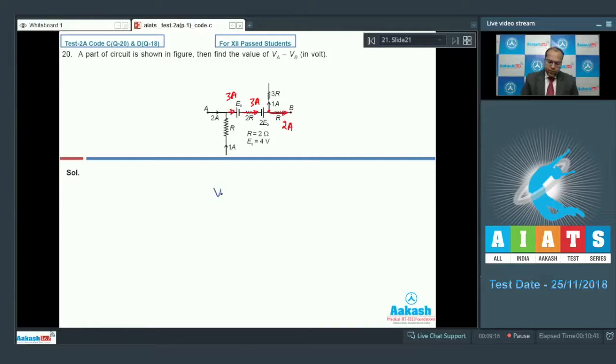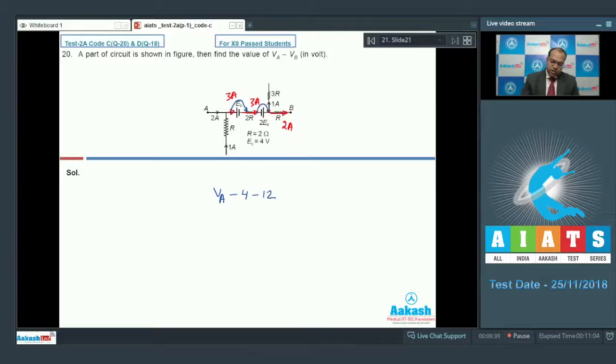So I can write VA. If I move from this point to this point, there is a drop of potential 4 volt, so minus 4. Again there is a drop of potential as we move in the direction of current. The value of resistance is 2 ohm, so 2R is 4 ohm, so 4 ohm into 3, so minus 12.